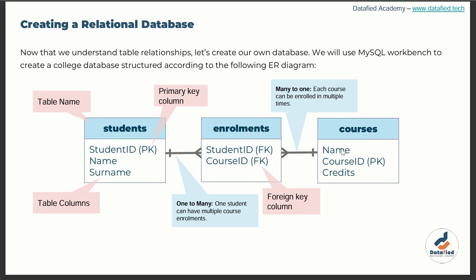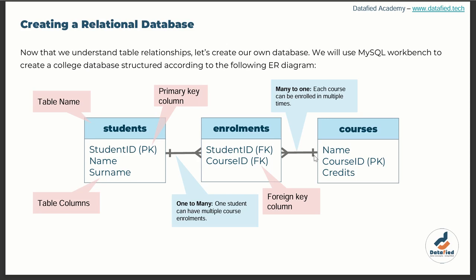And the courses table would have the name, the course ID, and credits. Here the course ID would be assigned a primary key, and you will see the relationships: the students table will be related to the enrollments table by a one-to-many relationship, and the enrollments table will be related to the courses table by a many-to-one relationship.